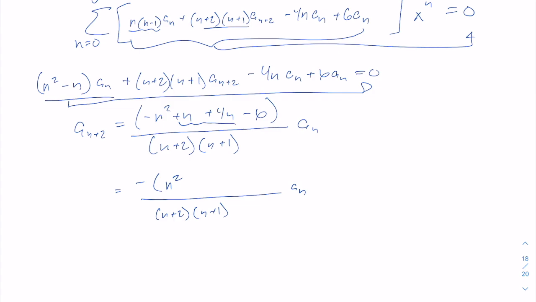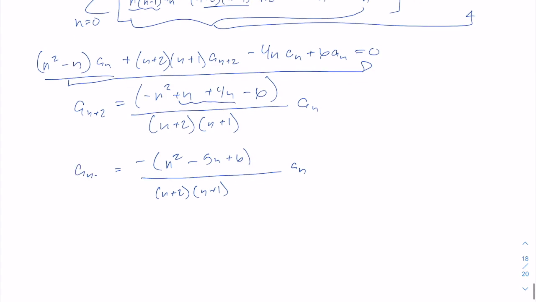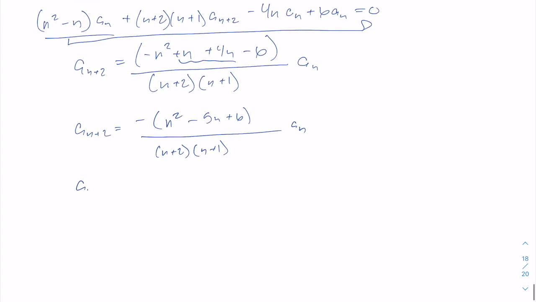That made 5, so minus 5n plus 6. So then a sub n plus 2 is minus, that factors n minus 2, n minus 3, over n plus 2, n plus 1.